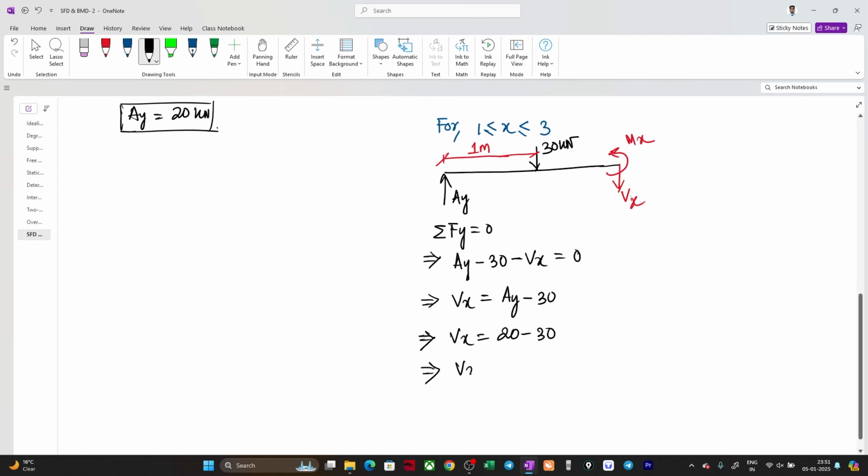So ultimately we are getting Vx equal to minus 10 kilonewton.